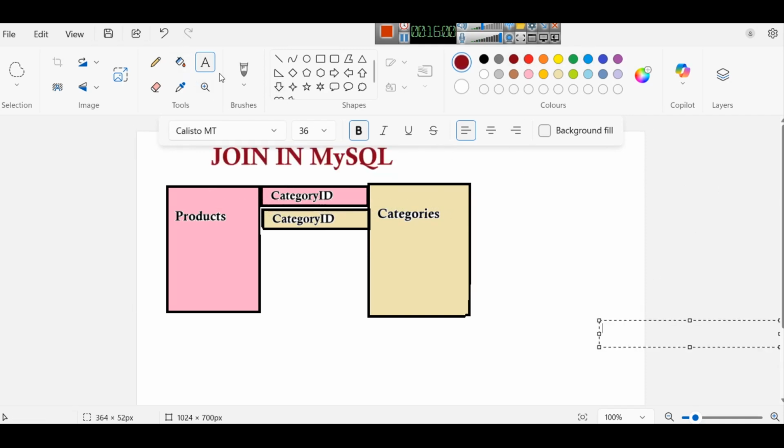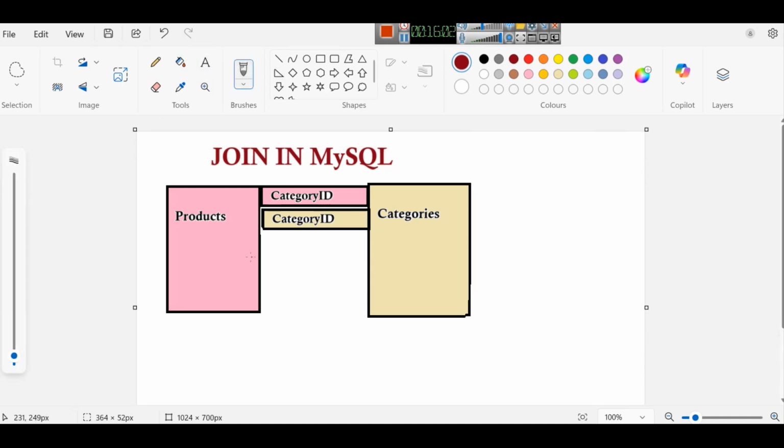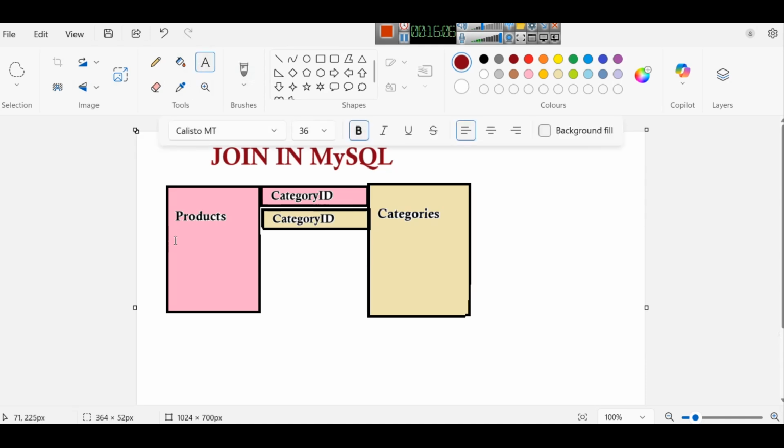Yes, sir. And now we can select anything from them, right? Let's say products has product name, unit price, units in stock, it has multiple things.